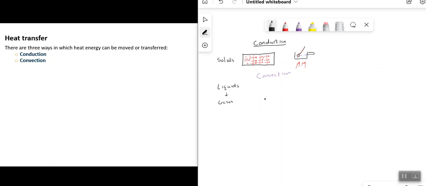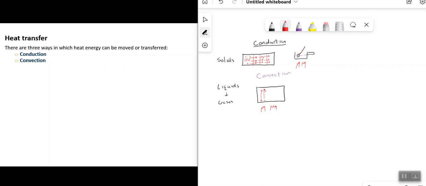If this is a body of water, and you add heat to the bottom, the particles at the bottom start to get hot and they rise up to the top.